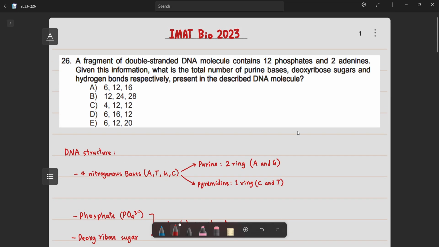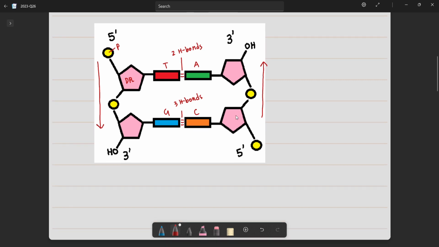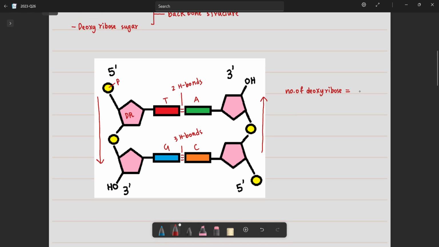Okay, so now what we are given is 12 phosphates and 2 adenines. The most important thing I must also mention is that the total number of deoxyribose sugars is equal to the number of bases.